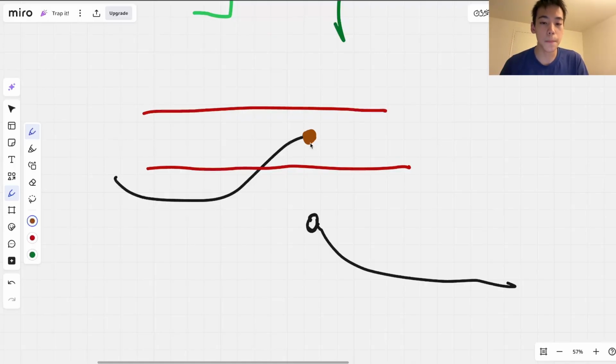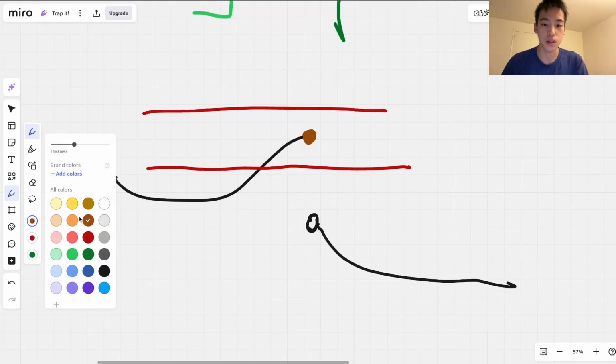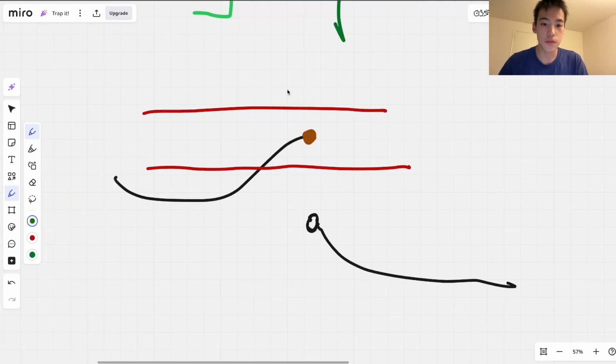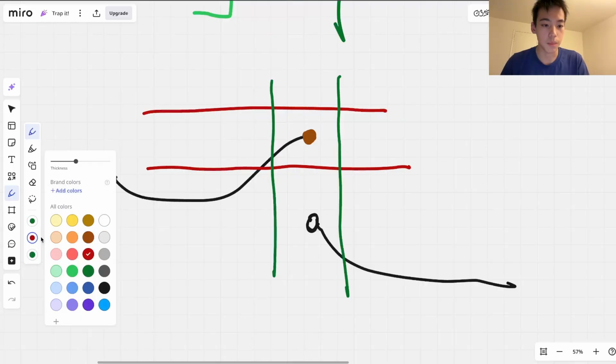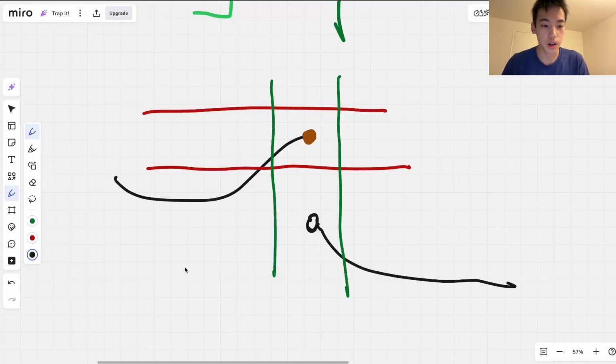So now you might have noticed that it might not be possible, because if you try something naive like that, then we can see that a portion of the function lies below the bottom red line.